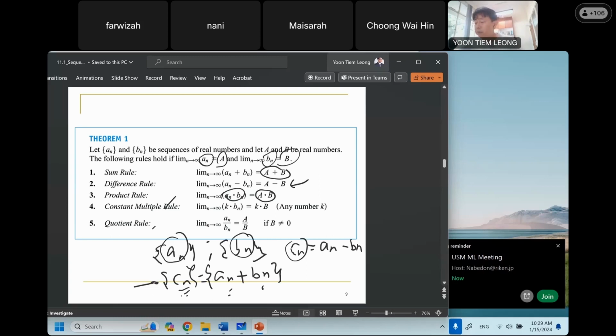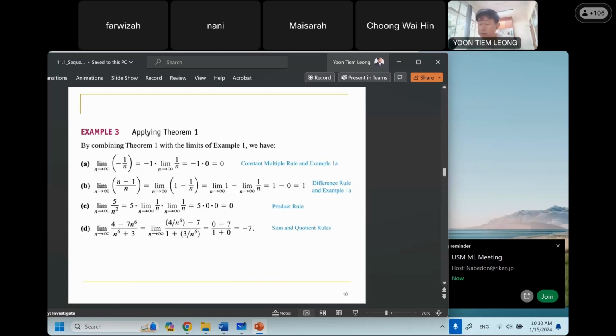We have also briefly explained the definition of the limit of a sequence. So up to this point, if I give you a sequence, you should be able to tell me whether the sequence has a limit or not. Then these are the rules that apply to the limit of the sequence.